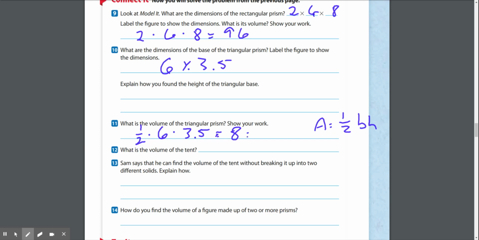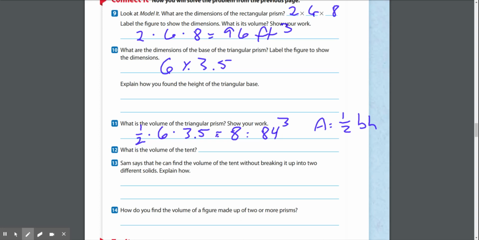So 1/2 times 6 times 3.5 times 8 is 84. 84 feet cubed.